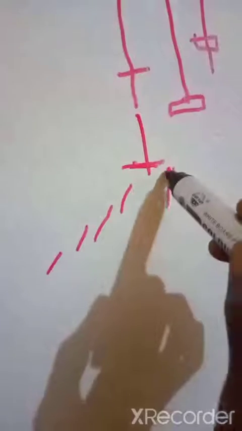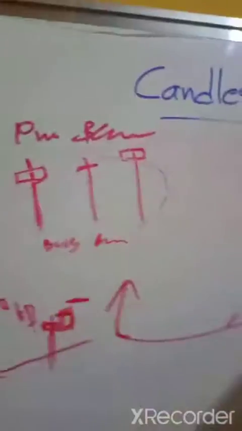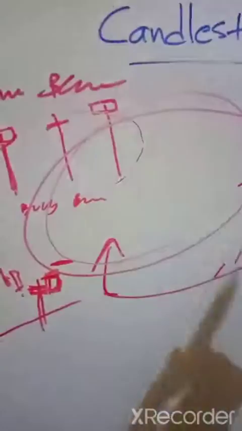So you wait for this candle to close here. Then you enter your sell order. This shows that the market is turning. It is turning from here, and it's about to go down. This is the meaning, guys.